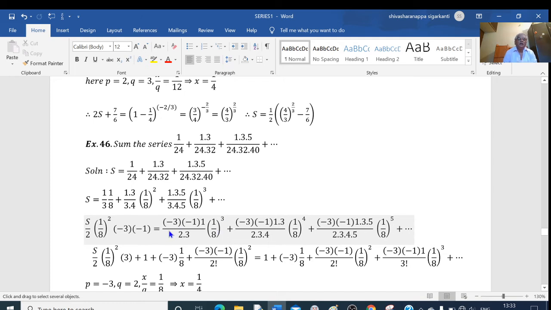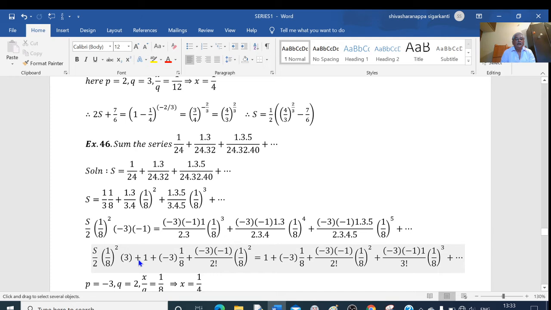I have to add. Plus the second term also I have to add, that is here P into P plus Q divided by 2 factorial into X by Q to the power of 2. Okay, so these 3 terms I need to add. So here I will write this as S by 2, 1 by 8 square, minus into minus, this becomes plus 3.